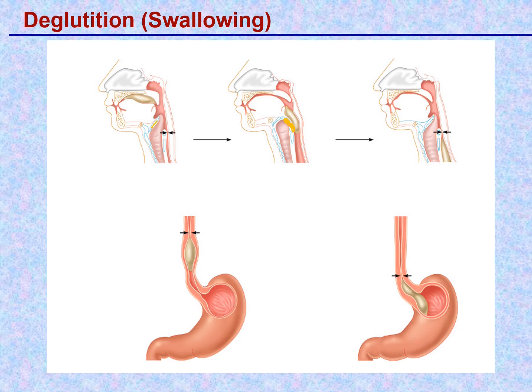Here the epiglottis is open, but as the swallowing is initiated and the food's pushed back into the oropharynx at the back of the throat, the epiglottis closes and the food gets swallowed and pushed down into the esophagus. At that point, the epiglottis can open so the person can breathe.